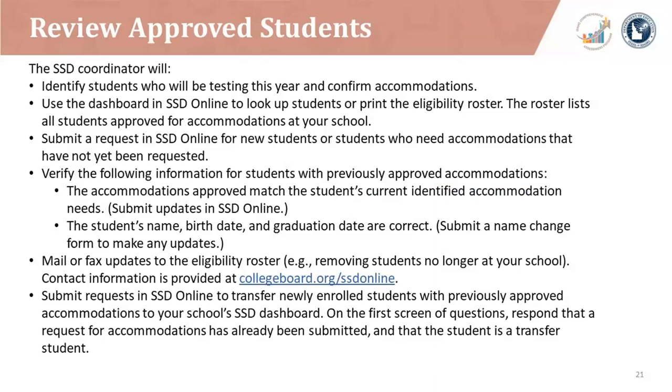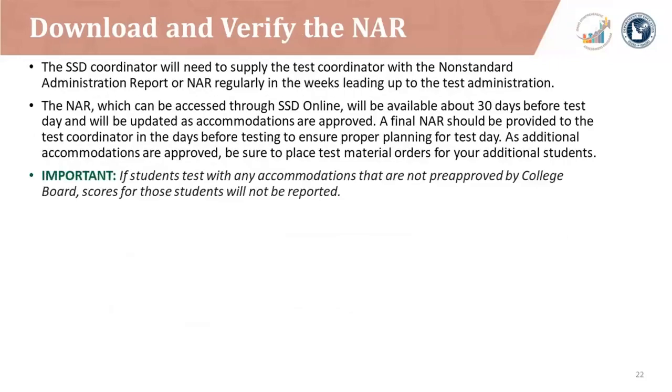Verify the information for students with previously approved accommodations, such as: the accommodations approved match the student's current identified accommodation needs, and the student's name, birth date, and graduation date are correct. You'll also mail or fax updates to the eligibility roster, which includes removing students no longer at your school. And you'll submit requests in SSD Online to transfer newly enrolled students with previously approved accommodations to your school's SSD dashboard.